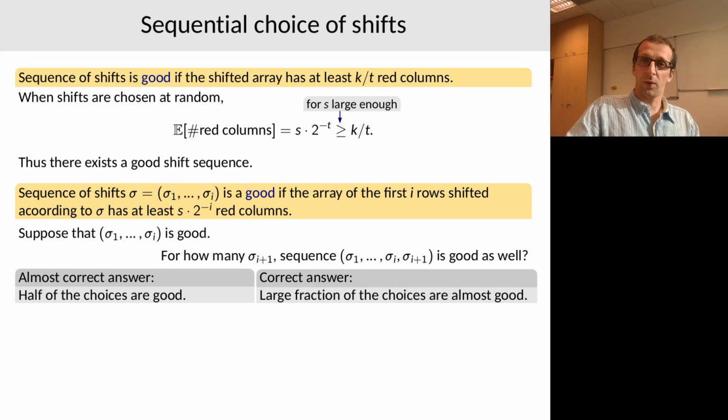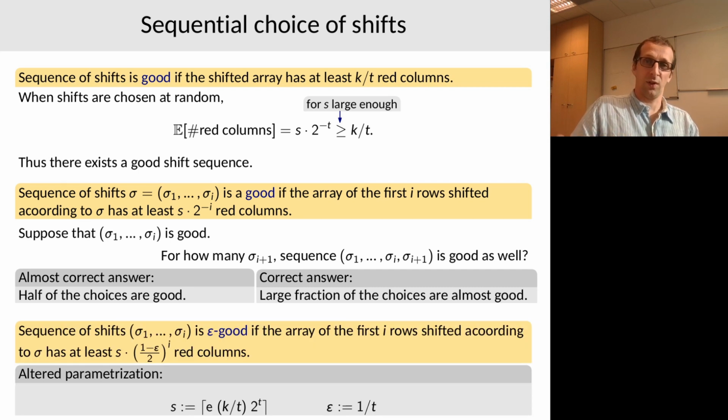To make this statement precise, we relax our definitions and allow to lose at each step slightly more than half of red columns. Precisely, with each extension, we want to preserve at least a (1 minus epsilon) over 2 fraction of red columns. So we will work with epsilon equal to 1 over t, and since we still need, in the end, k over t red columns in the shifted array, we have to increase s, the number of columns.